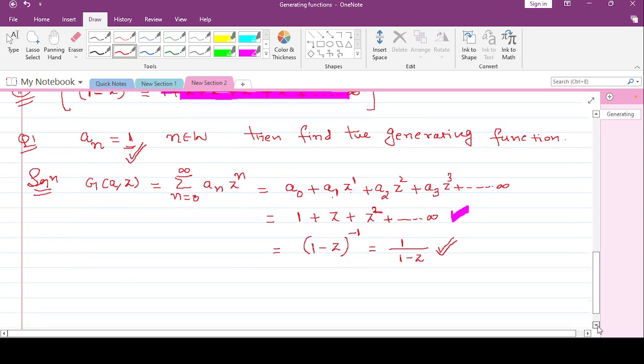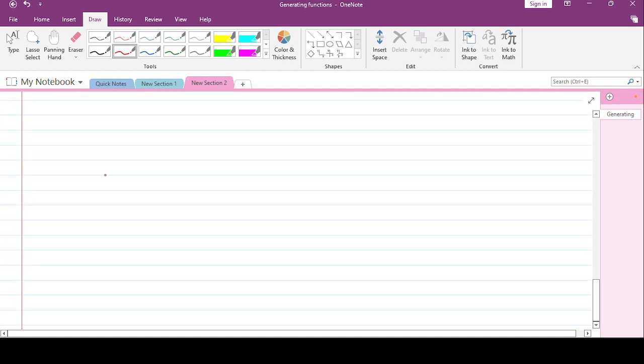Okay, now see the next question. Suppose we have the constant sequence a_n equal to c, where n belongs to whole numbers.